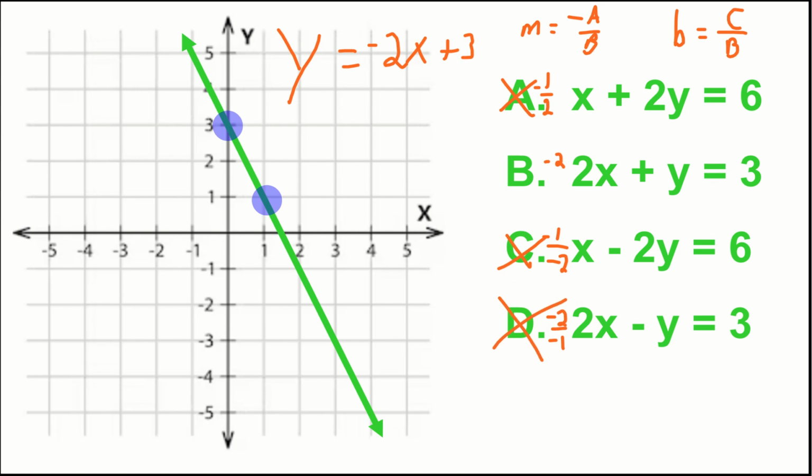So that one, just finding the slope, answer choice, C over B, 3 over 1. That gives us a y-intercept of 3. Left.